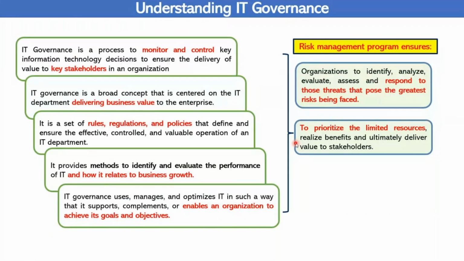So why do we need to do risk management? The reason is to prioritize the limited resources. In real life, daily we have some tasks to do, let's say 10 tasks. When you note down the tasks, you first prioritize what you need to do first. For example, your task is to finalize a presentation for a meeting at 2 p.m. with the board of directors.